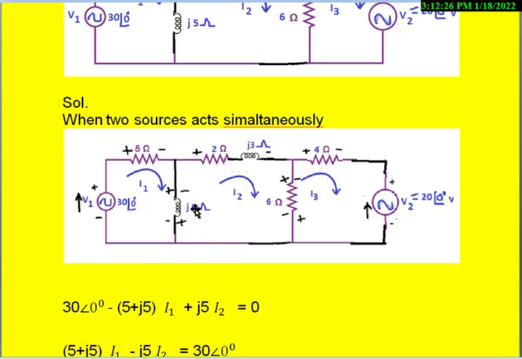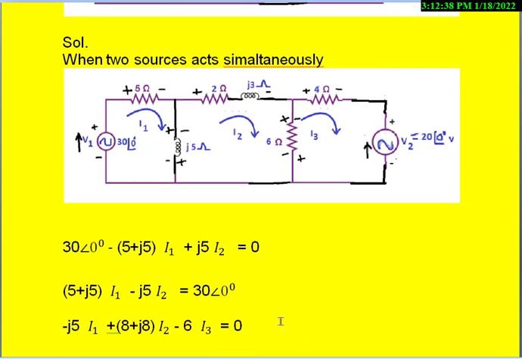So we write J5 I2, because I2 is flowing against I1, so we get a plus sign here, equal to 0. After rearranging these terms, we get (5 plus J5) I1 minus J5 I2 is equal to 30 volts. Similarly, for the second loop also we can write like this.